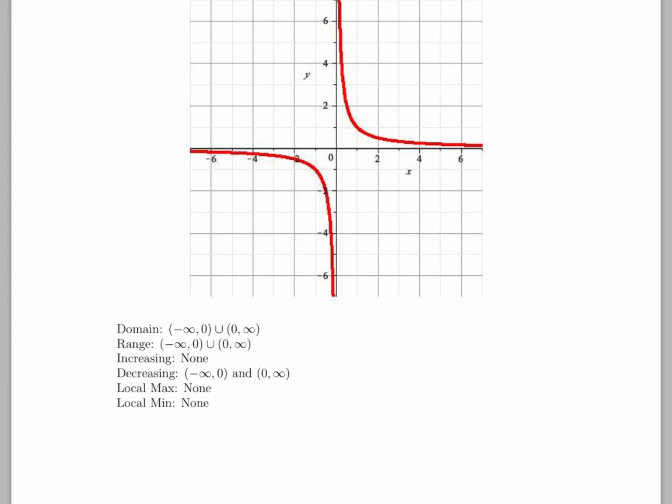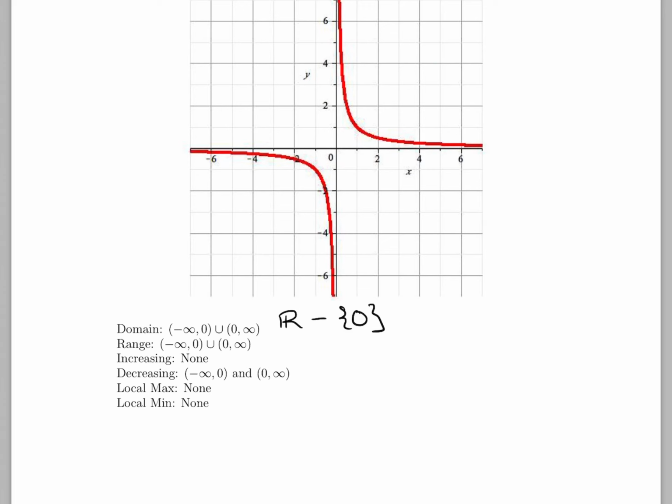That doesn't work. So my domain is all real numbers, not including 0. So here they have written it in set notation as negative infinity up to 0, not including 0, and then union 0 up to infinity, again not including 0. You could also write it as all real numbers, not including the 0 value, using set brackets.